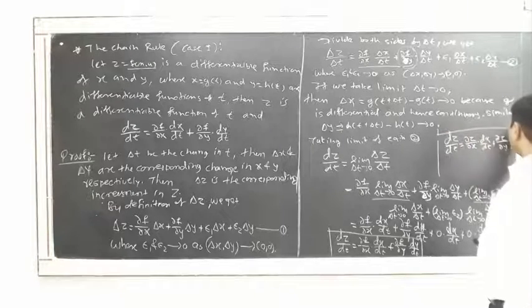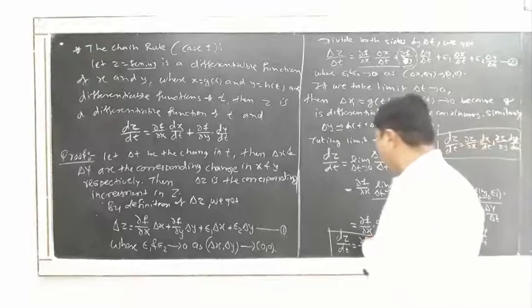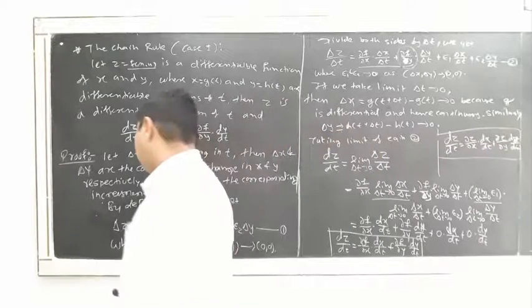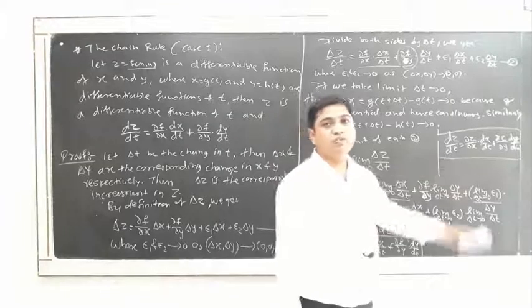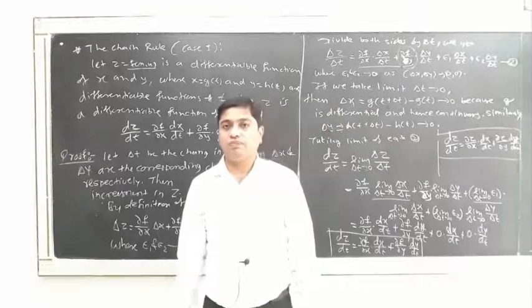That means this f can often be written as z. Therefore there is one more version of chain rule, case 1.